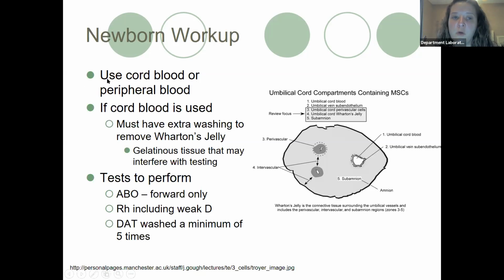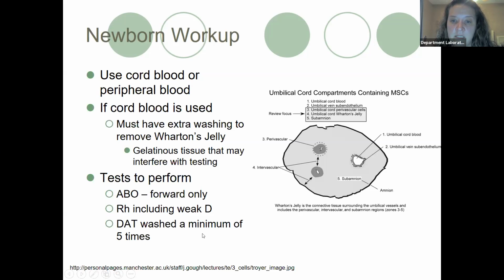All right, so on your newborn workup, you can do it on the cord blood, or if the cord blood is not available, if that baby was not born at your institution, you won't have the cord blood, you can use a peripheral blood sample. You guys might have heard of this before. The cord blood actually contains what we call Wharton's jelly. The Wharton's jelly is kind of like the support material within the cord blood.